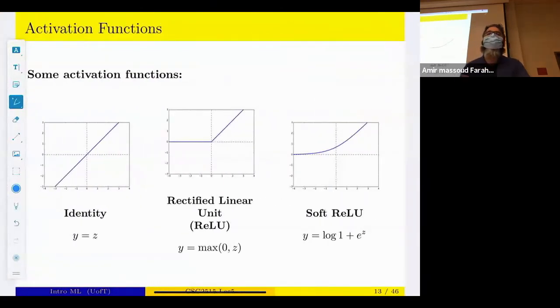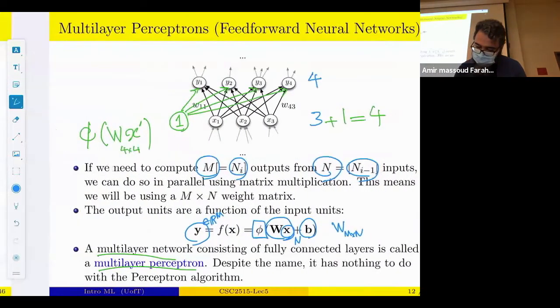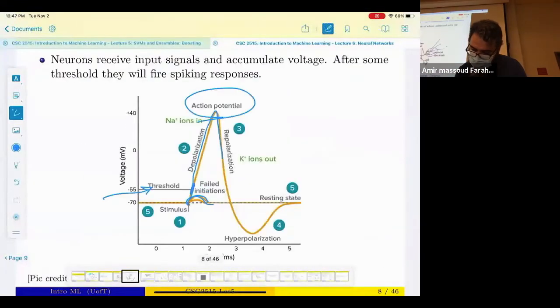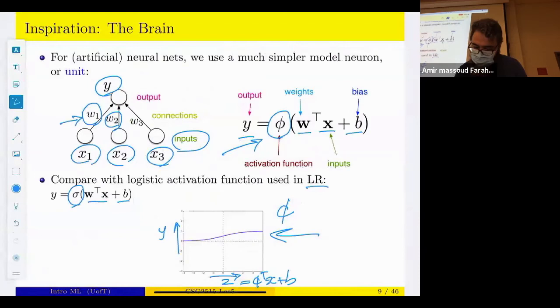Okay, so let's see some activation functions. Maybe just a few slides back. Activation function is this thing: we do some linear computation of the inputs of each unit, then we need to do some processing after that linear processing, and that is done by an activation function.